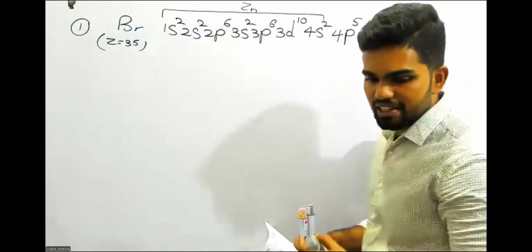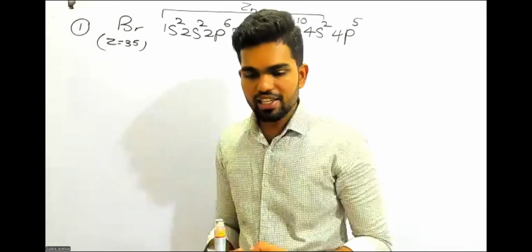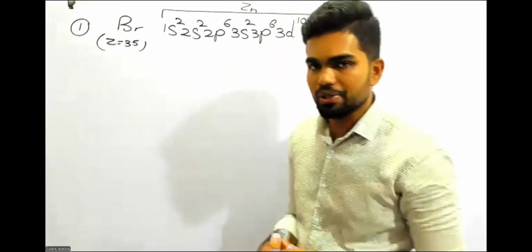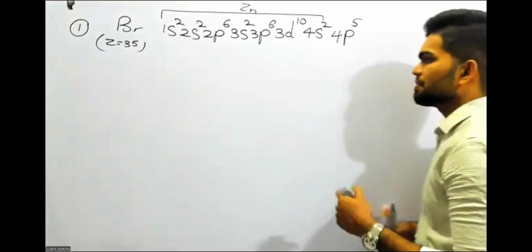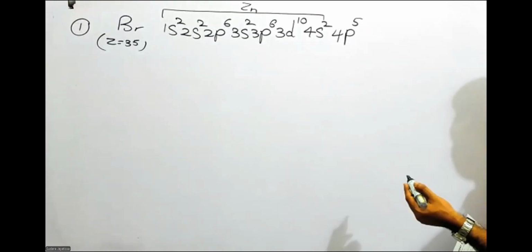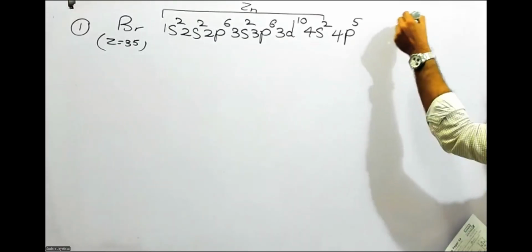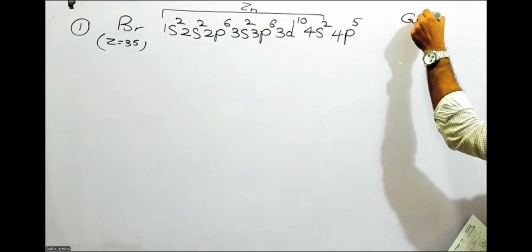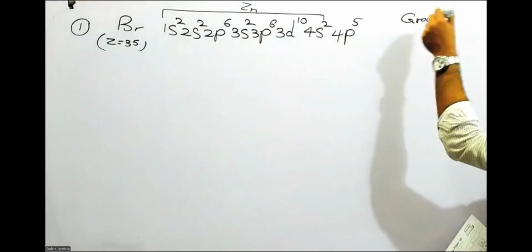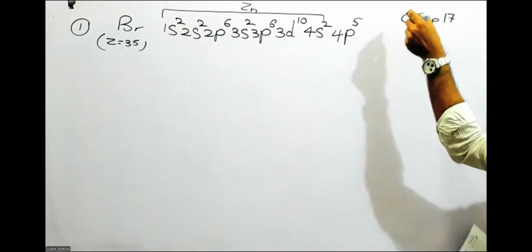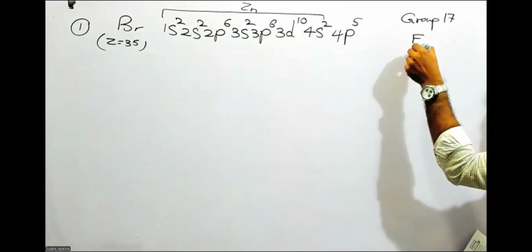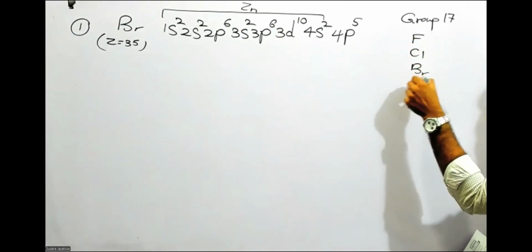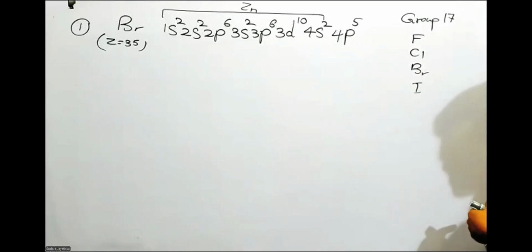And you can take the electronic configuration in a much easier way also. Okay, how? Because if you take the periodic table, you can find bromine and other fellows of the group in group 17. So starting from fluorine, chlorine, bromine, iodine, they belong to group 17.